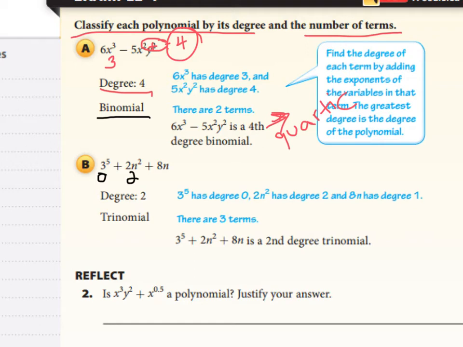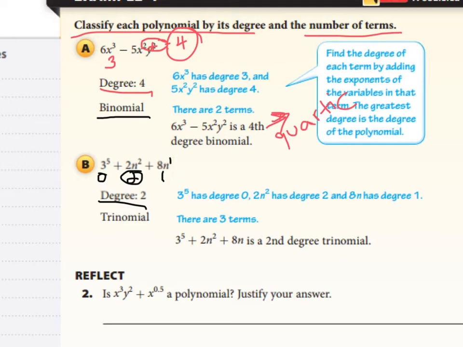And then the next term has an n, which has an invisible exponent of 1, so it has a degree of 1. Since we had separate terms, we look for the degree of the highest one, which is the 2, so we call it a degree of 2. Now, I've got one term here, second one here, and a third one here.